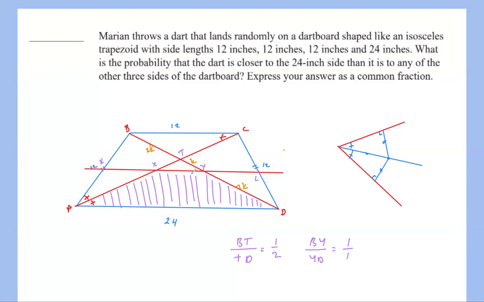So now we have this triangle right here, TXY and TAD, they are also similar, and the ratio of the similarity is 1/4 because TY over TD is equal to 1/4.